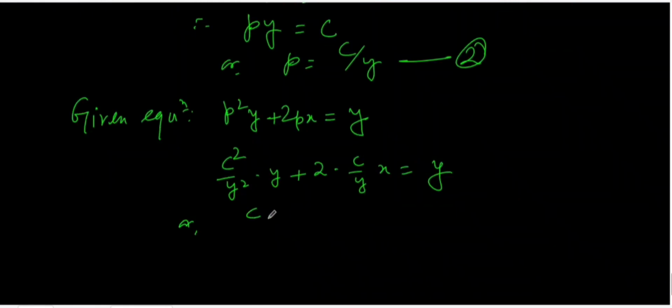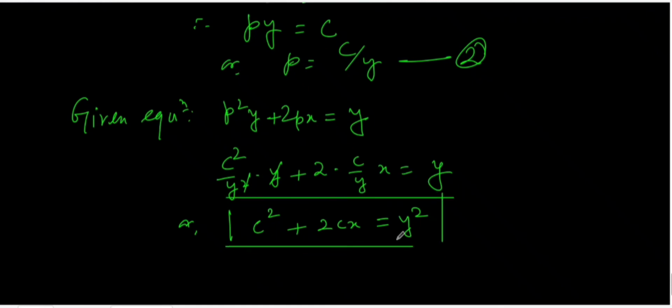This will get cancelled, so we have c upon y, and multiplying the whole equation by y, we get c squared plus 2cx equals y squared. And this is the general solution of the given equation.